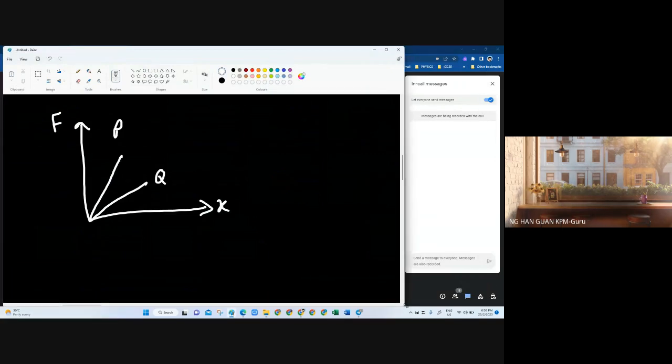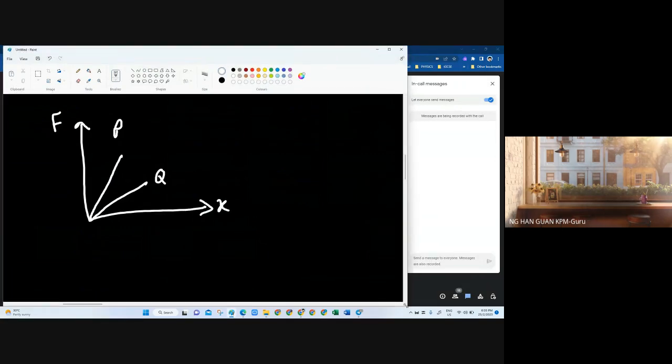If I give you a graph like this, which one is the stiffer spring? Or which one is the stronger spring, which can support a bigger weight?